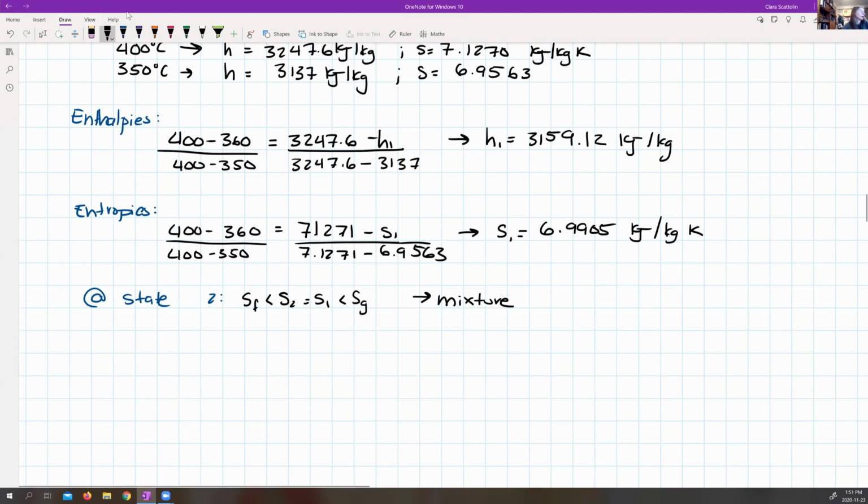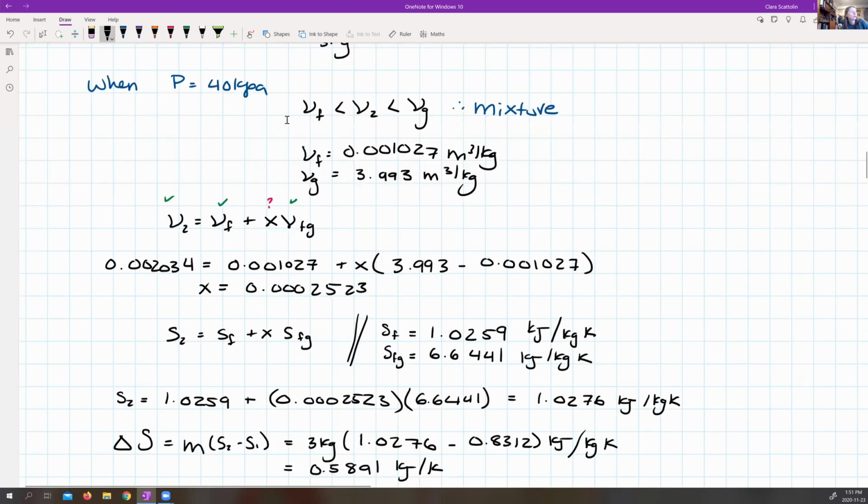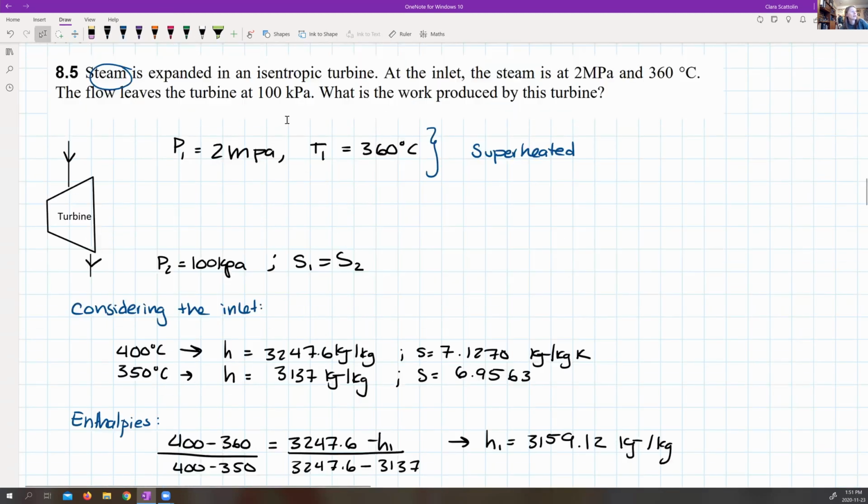So what I'm going to do now is solve for my quality X. The question, of course, is asking for work, right? And the only way for me to equate the work here through the first law is by using the isentropic relation. If not, I do not have enough information at state 2 to solve for the enthalpy in the system.